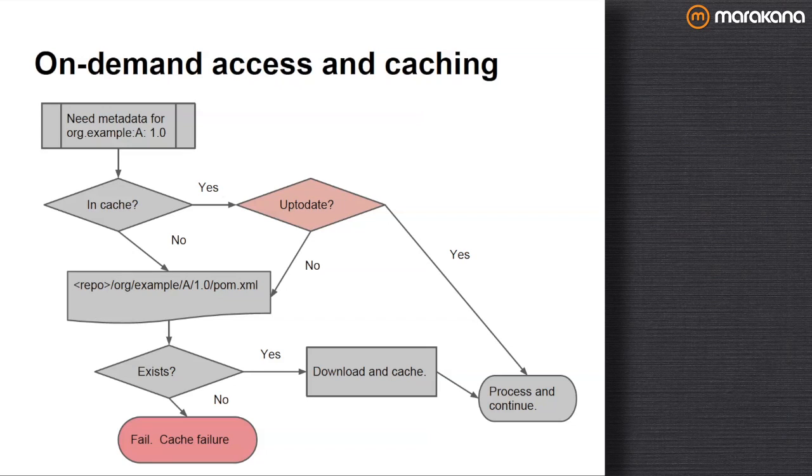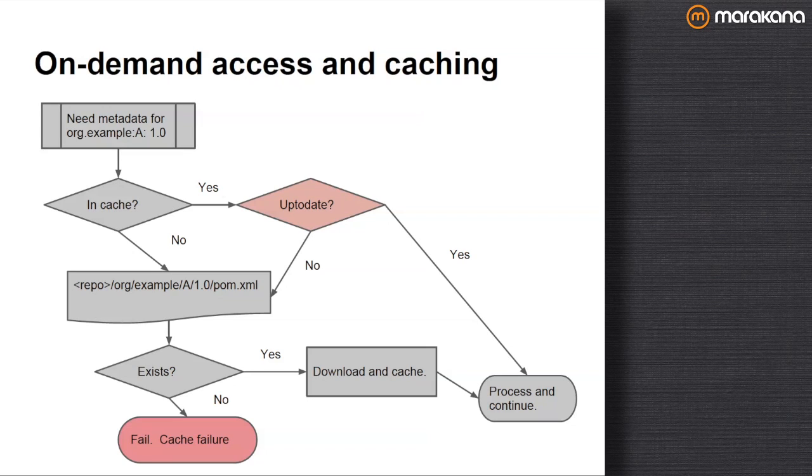You say, I have some module, org.example is the group, A is the name, 1.0 is the version, let's turn that into a path. Well, that tells me nothing about the content at the end, other than I know I'm going to get some metadata. So other than that, I have no idea whether what I have locally is the same as what I have remotely. So I have to do this remote access.